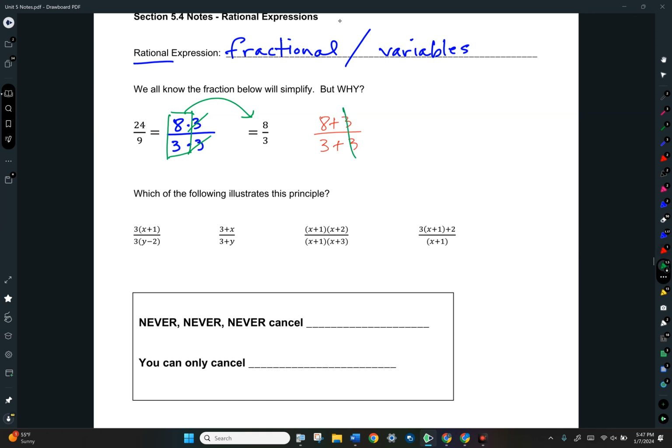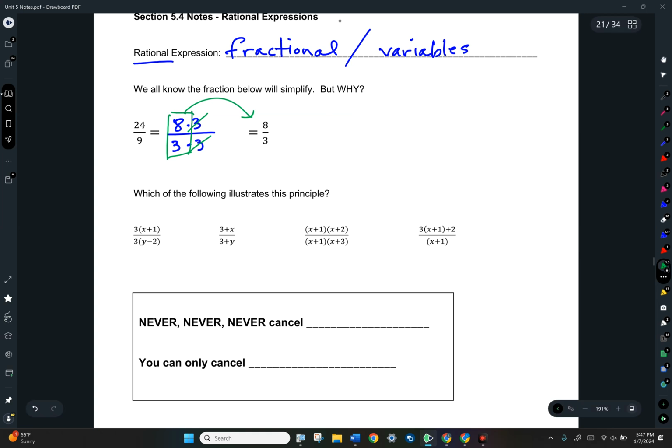It's not okay to cancel those 3's in that situation and say the answer is 8 over 3. If you did that, you'd be saying that, since 8 plus 3 is 11 and 3 plus 3 is 6, 8 over 3 is equivalent to 11 over 6, and it's just not. So I want to get rid of this because I don't want you to see it there and think it's okay.